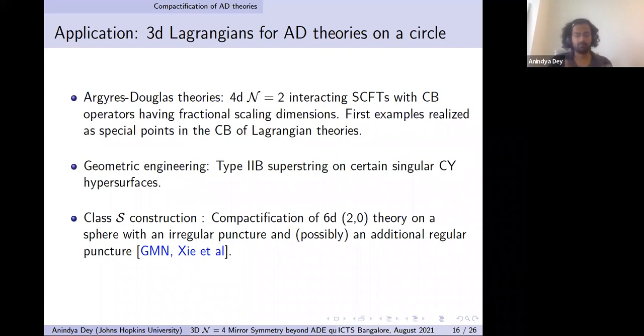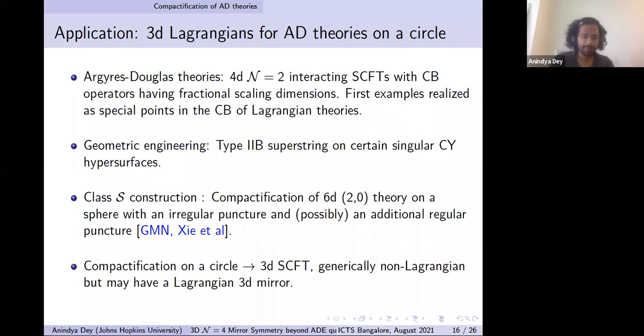And then there was a huge dictionary of class S construction, where the 6D (2,0) theory was compactified on a sphere with an irregular puncture and possibly an additional regular puncture. Each of these constructions led to a classification of some subclass of Argyres-Douglas theories, and there was much overlap between the two.